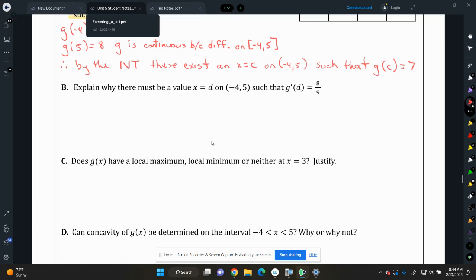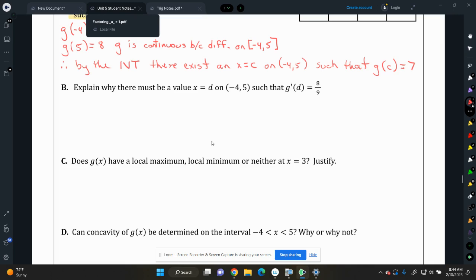Therefore, by the mean value theorem, okay, now I'm going to go back up and look at the actual question right here. Okay. Uh-oh, where did it go? There it is.